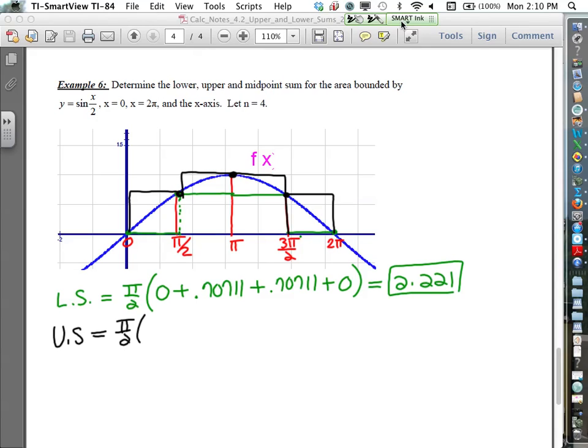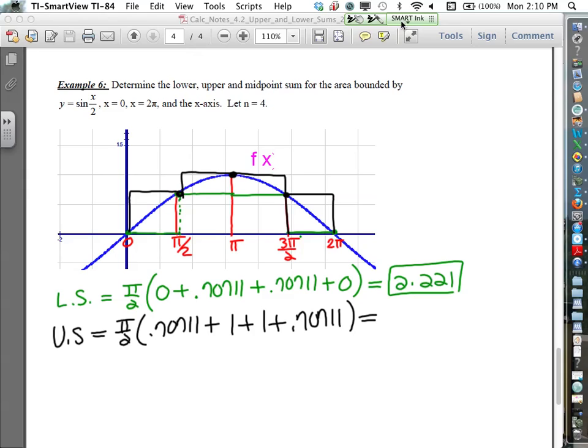Right, so let's find that upper sum. Pi over 2 is still my base. Now this is where the numbers get reused again. The height for this first rectangle happens at pi over 2. You plug in pi over 2 and you get 0.70711. The height for this next rectangle happens at pi. What's the height at pi? 1. And then this guy, 0.70711.